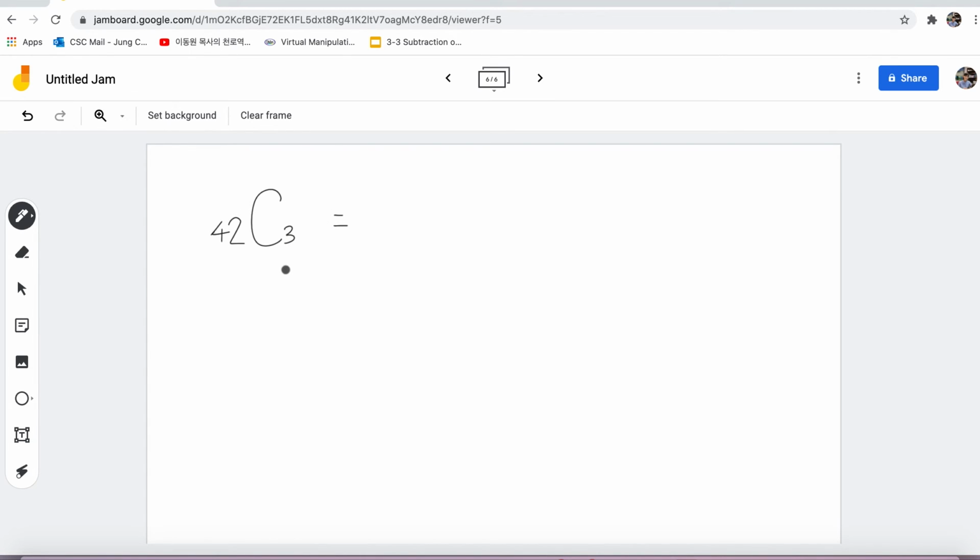We are using combination because the order does not matter, right? So that's the same as 42 factorial over 3 factorial times (42 minus 3) factorial.